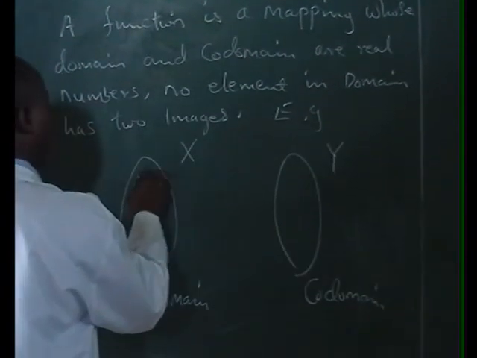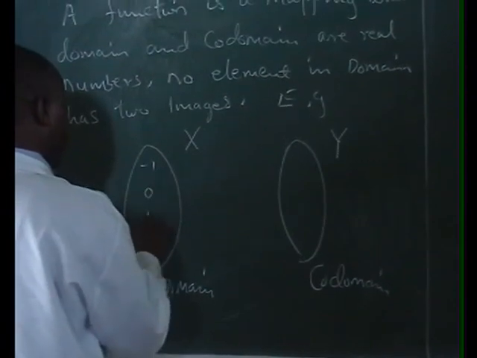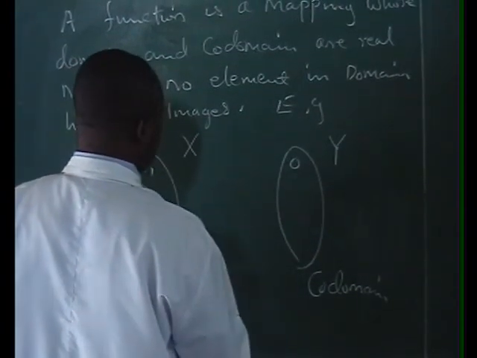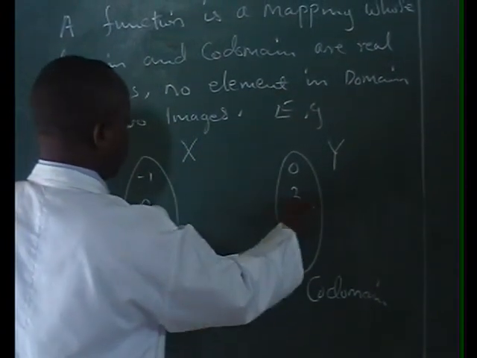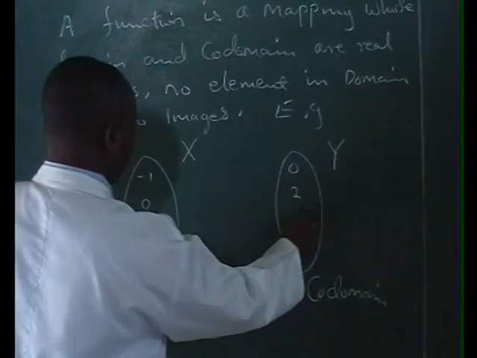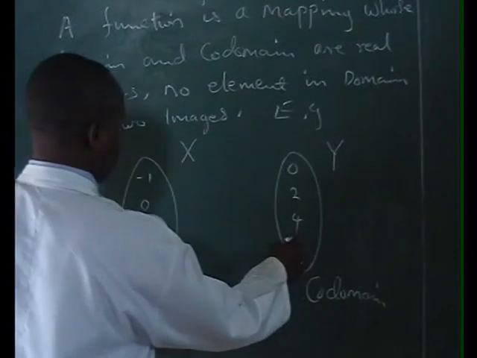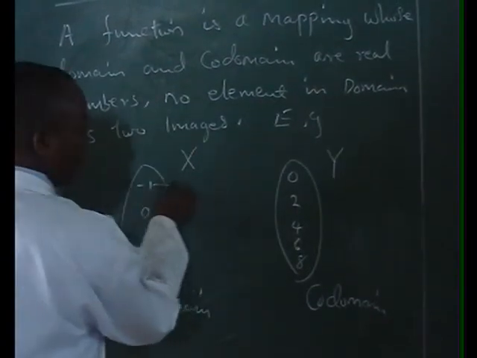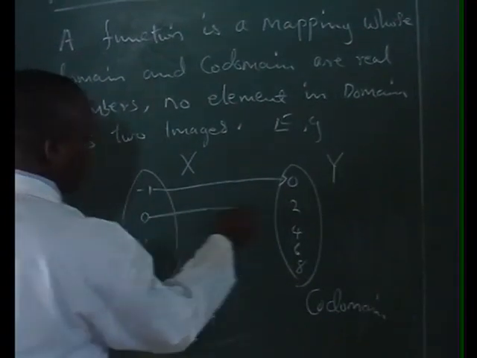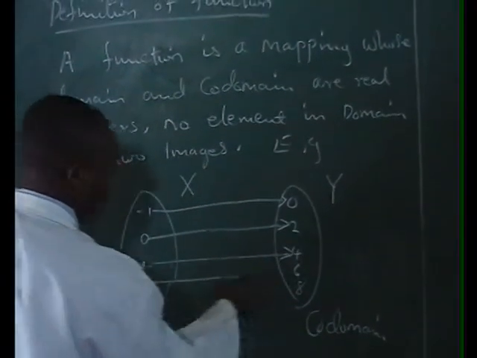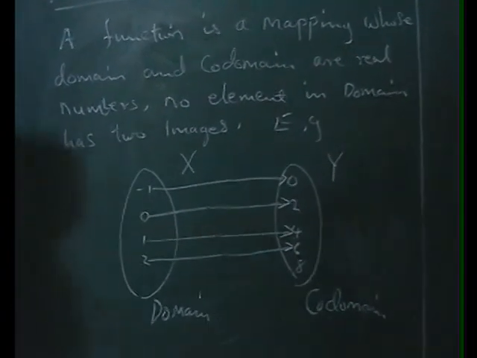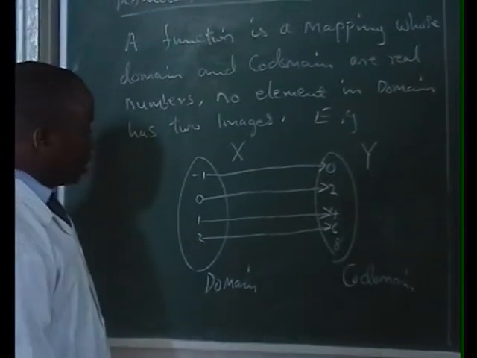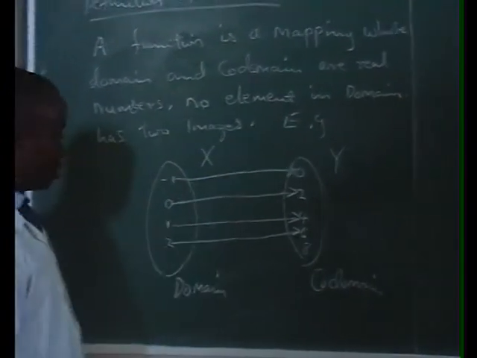Now we have -1, 0, 1, 2, and then I have 0, I also have 2, I also have 4, I also have 6, 8, such that, look at how it is mapped. So it's mapped to this. So now, when the domain and the codomain consist of real numbers, we call it function.